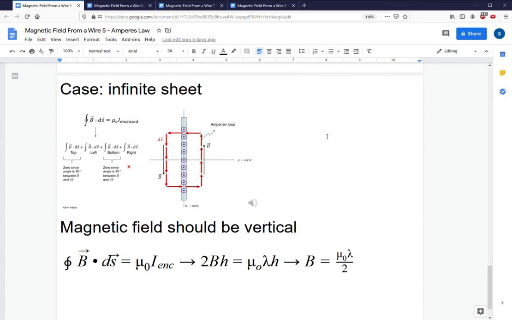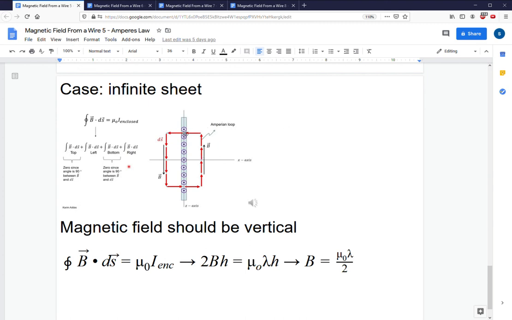Now, if this plate were infinite, or at least very, very large, then we could make an argument by symmetry that the magnetic field near the surface of that plate was reasonably constant, and perhaps depended only on how far away you were from the plate.